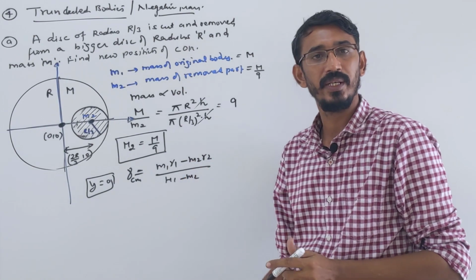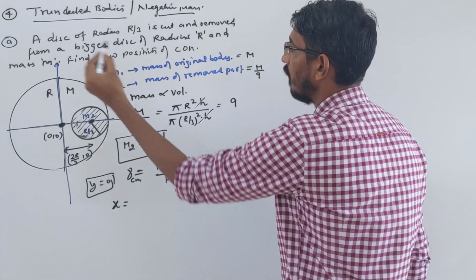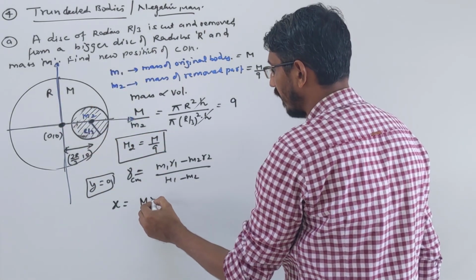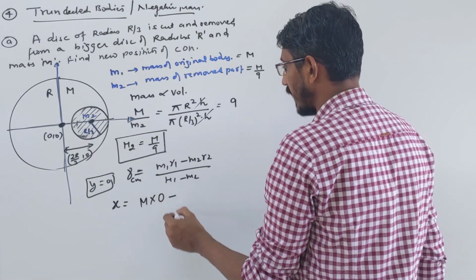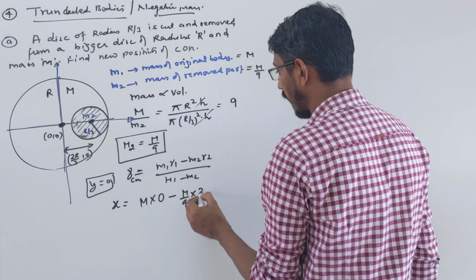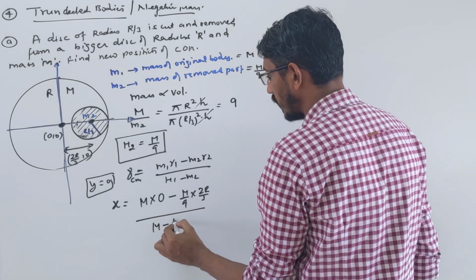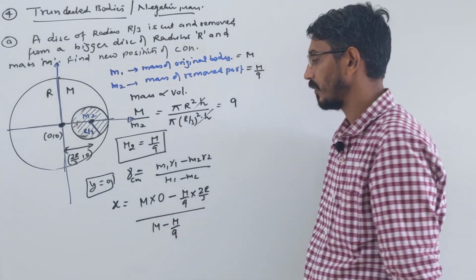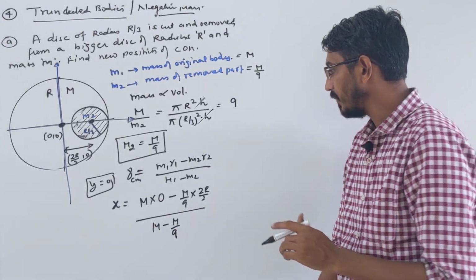So for the x coordinate, m1 means your complete body, its mass is m, coordinate is 0, located here only, minus m2, which means m by 9, into the coordinate 2r by 3, divided by m1, which means m, and m2 means minus m by 9. The removed part we simply call negative, that's all.